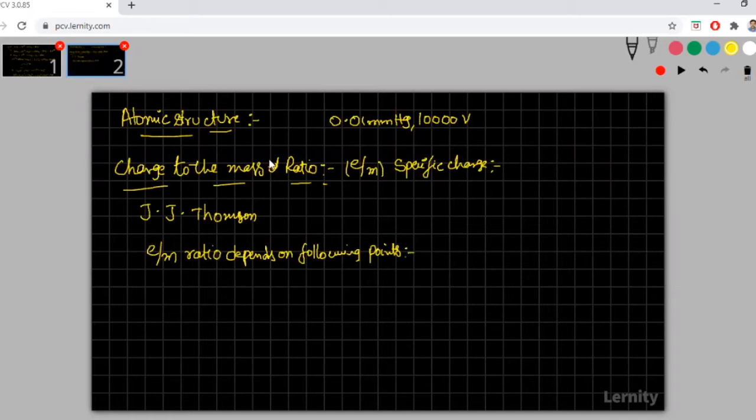In this e by m ratio, the greater the magnitude of charge of the particle, the greater the e by m.